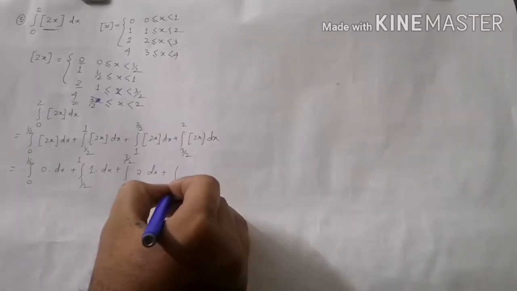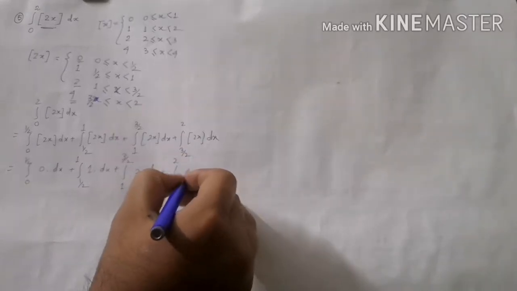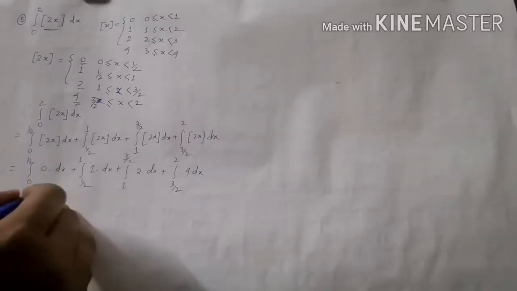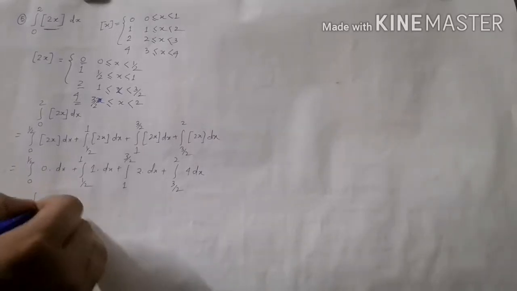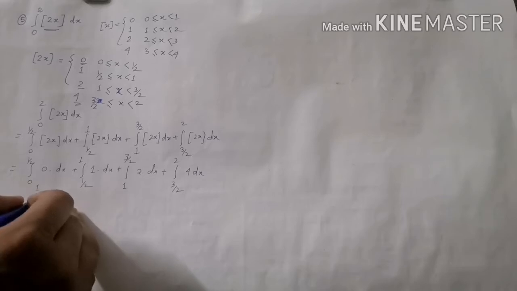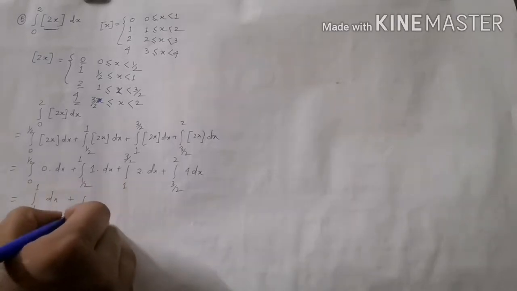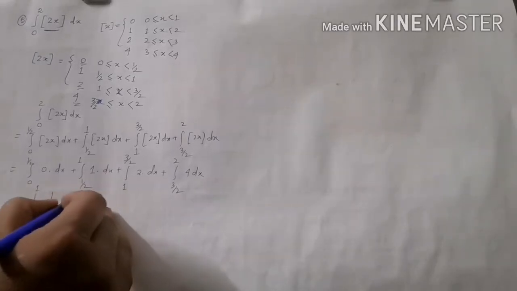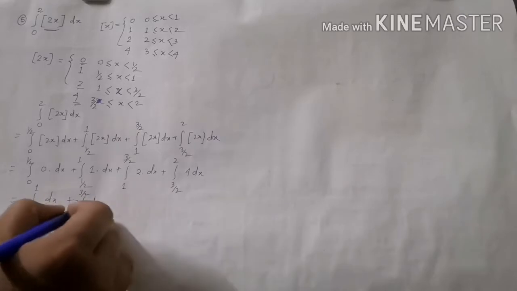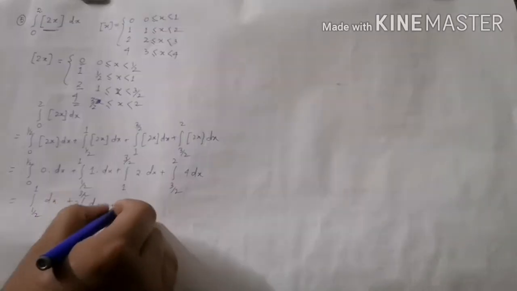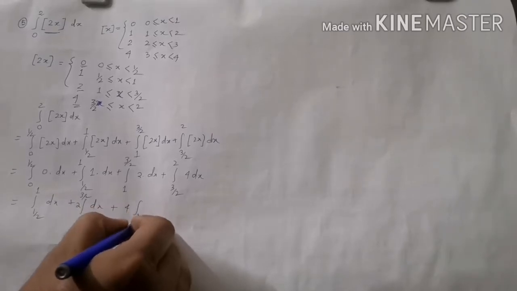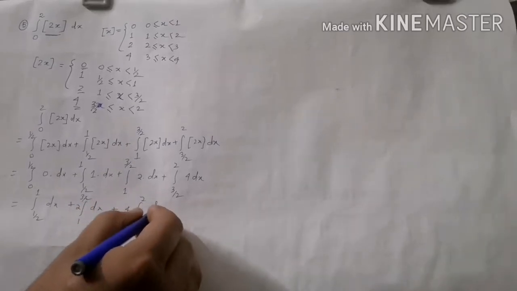So we can put 3 by 2 to 2, 3 into dx. So finally we can get integration half to 1 dx plus 1 to 3 by 2, 2 is constant, so it will go outside, and 3 integration 3 by 2 to 2 dx.